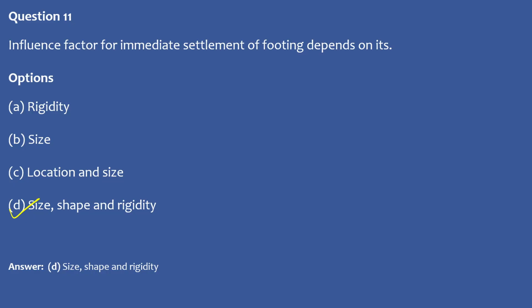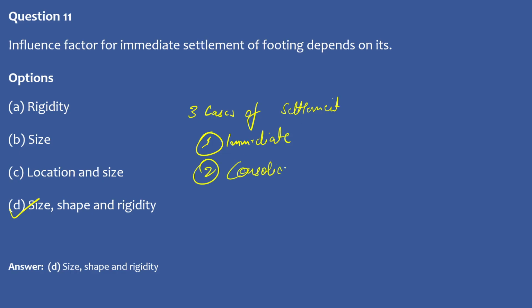Let's check how it is. So usually whenever settlement happens, there are three cases of settlement. First is your immediate settlement, second is your consolidation settlement, and third is your secondary settlement.